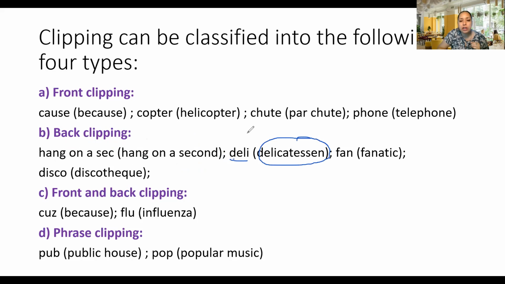It's very common. It's usually the word to talk about food, something that is delicious. And you can say deli. It also refers to restaurants that sell very simple things like sandwiches.